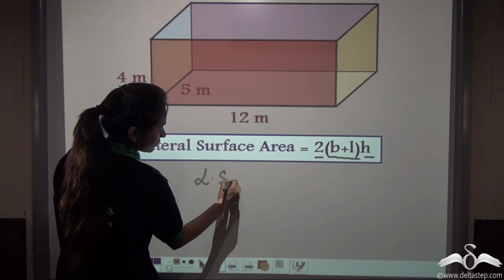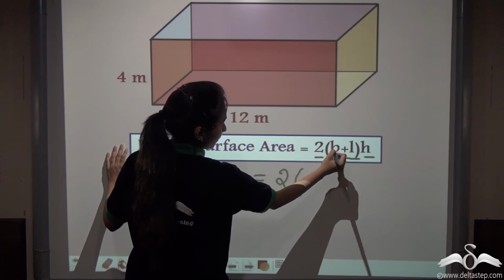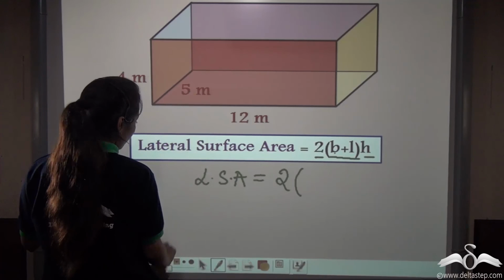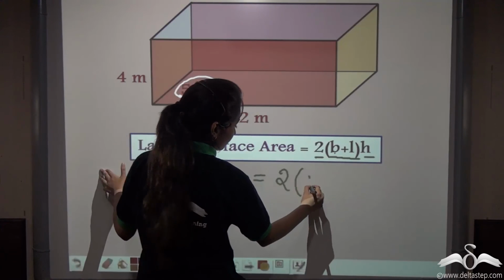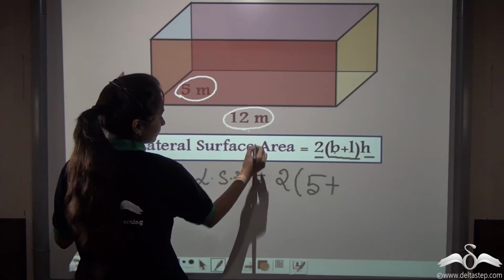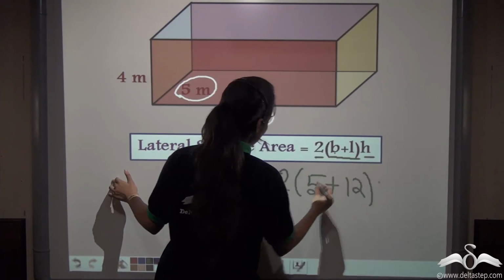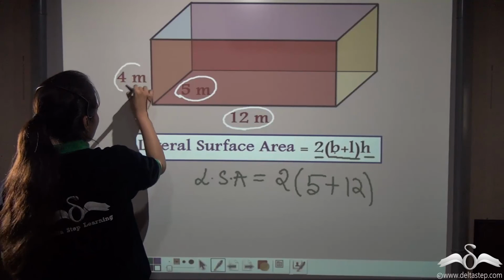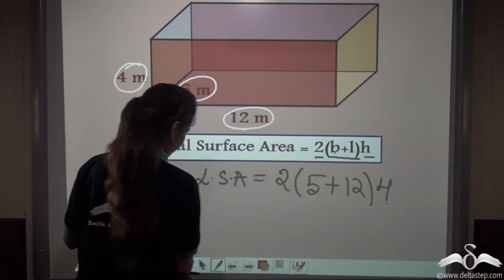So the lateral surface area is equal to 2. We have to take b. So let's take, this is b, plus l into h. So this is h. We take this as 4.